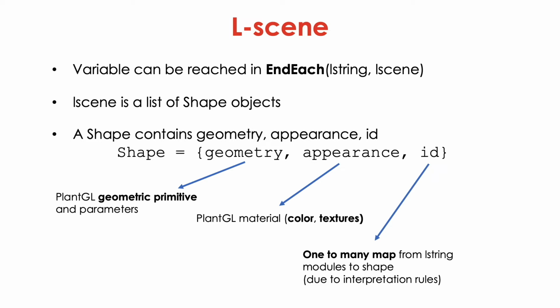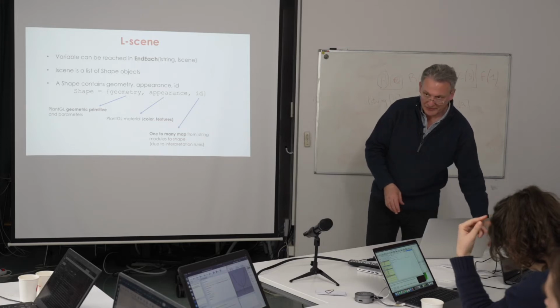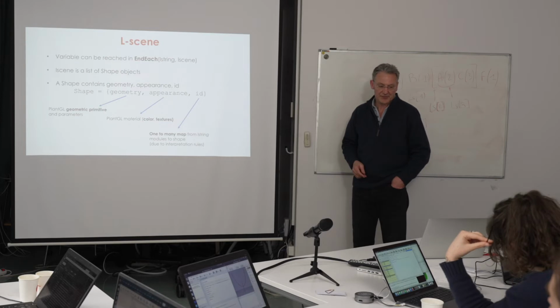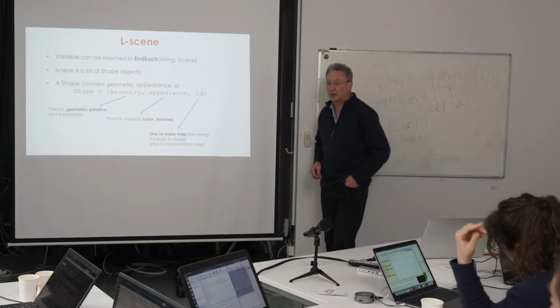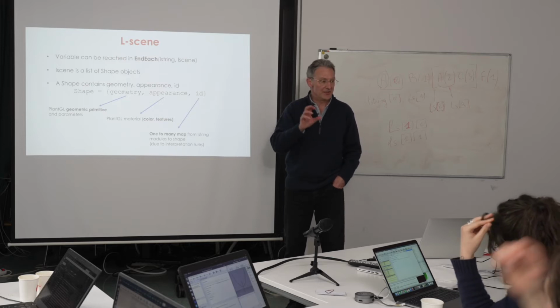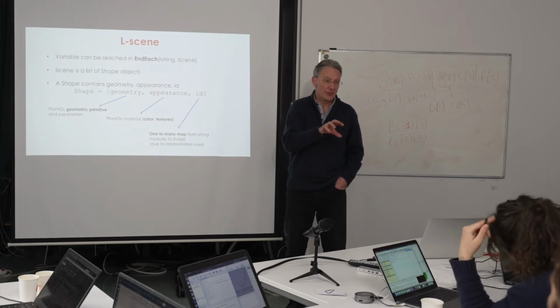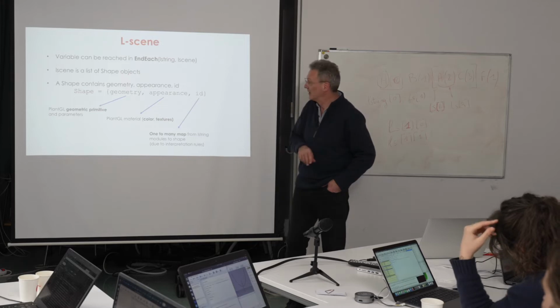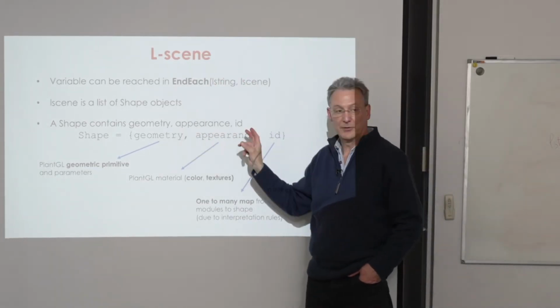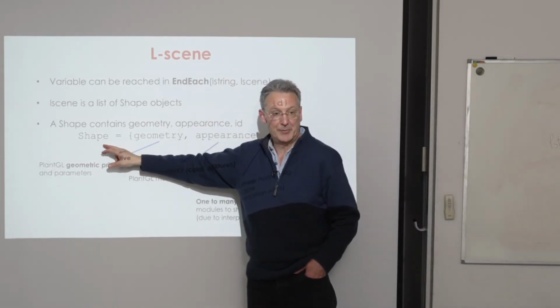And the last point, manipulation of lstrings from the and-each functions, is that you can manipulate also the lscene as well. This is important when you want to access the geometry of the different objects. The lscene is a list also, and it is made of shapes.